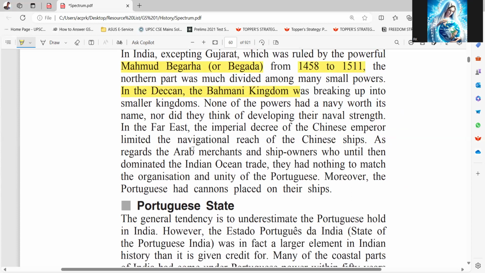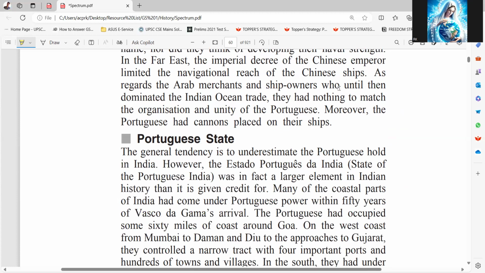As regards the Arab merchants and ship owners who until then dominated the Indian Ocean trade, they had nothing to match the organization and unity of the Portuguese. Moreover, the Portuguese had cannons placed on their ships.